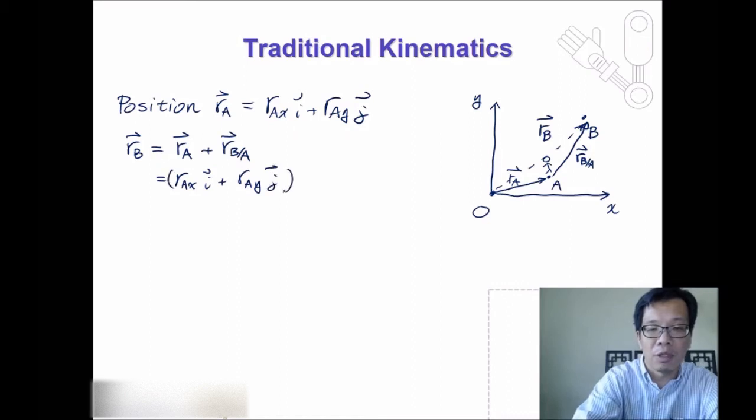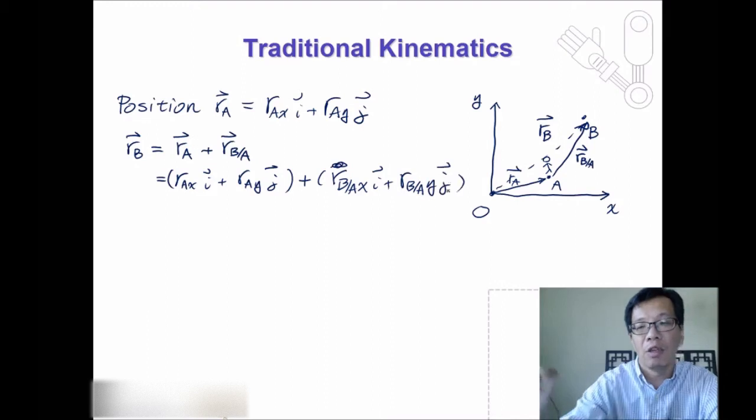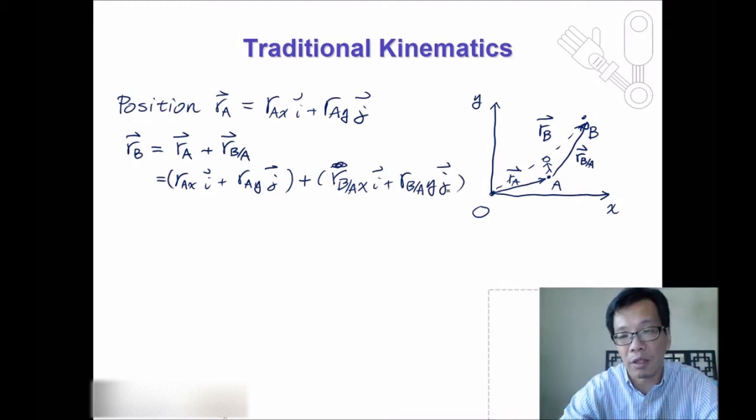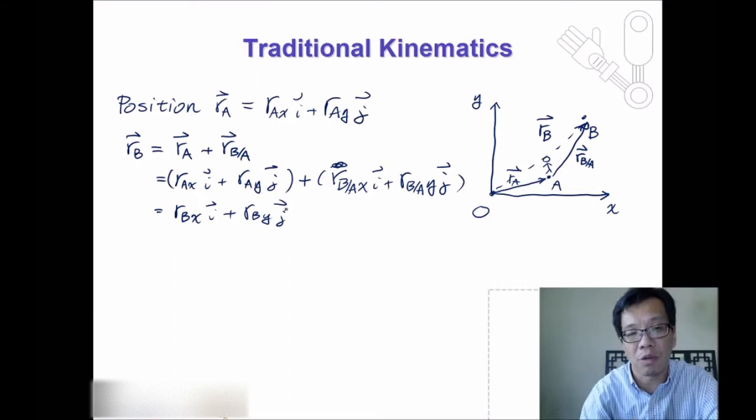That is the original position of point A. And the other part we need to know is RB over A x i plus RB over A y j. So when we combine those two vectors, we can describe the vector of RB x i plus RB y j. So this is how we describe the position.